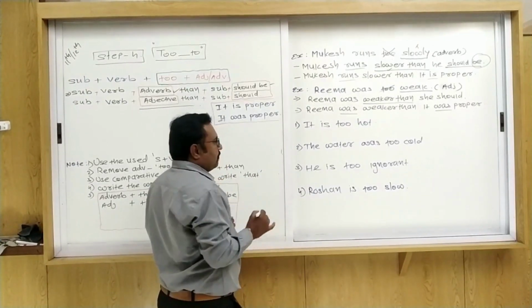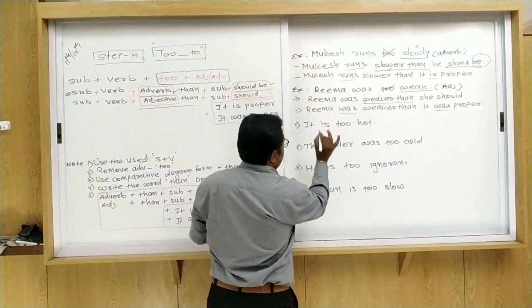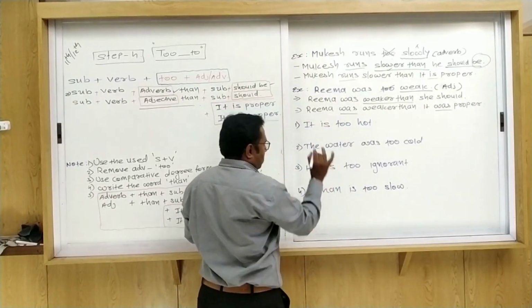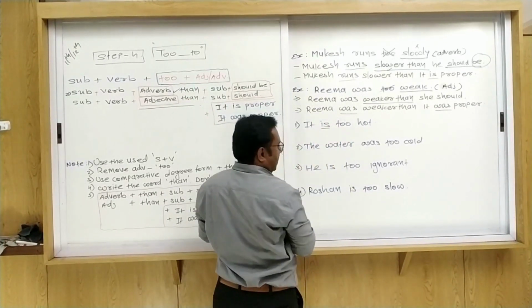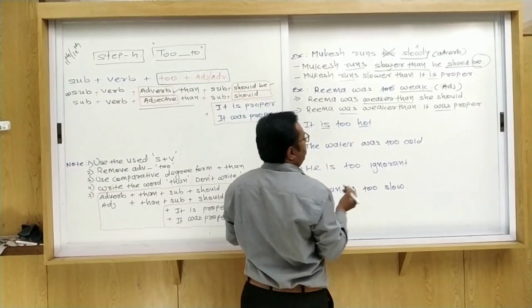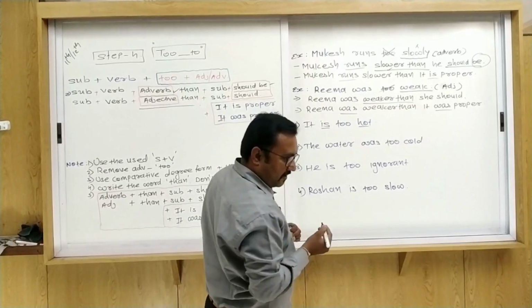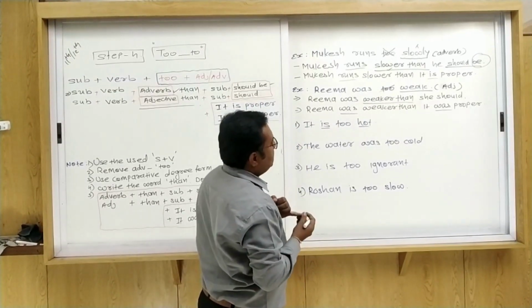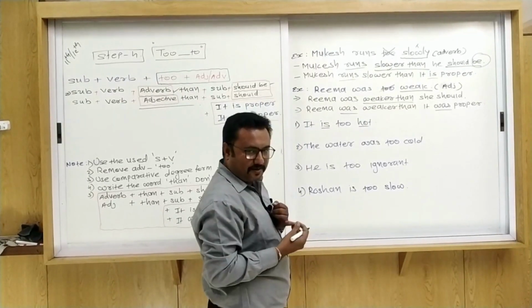Okay. So first of all, look at the sentence. It is too hot. "Is" means present tense, hot. So what is the comparative degree of hot? Hotter. And it is an adjective.